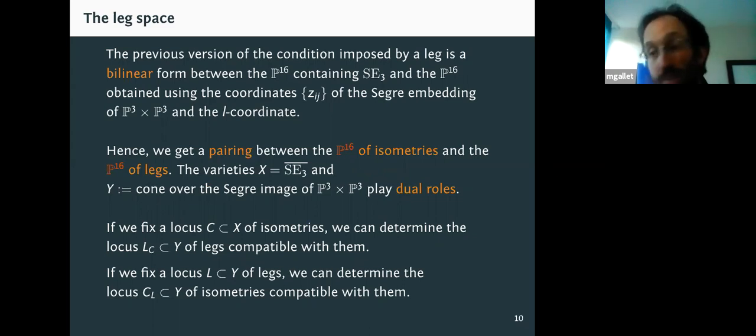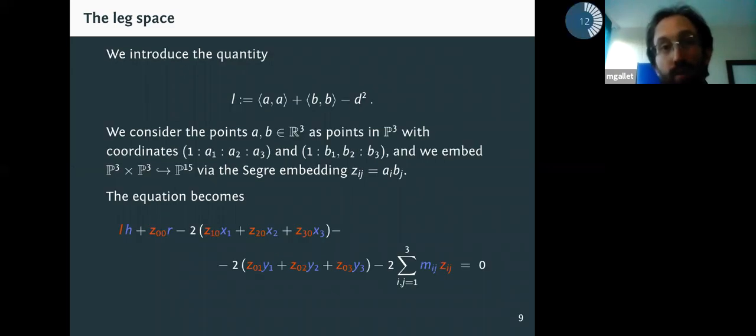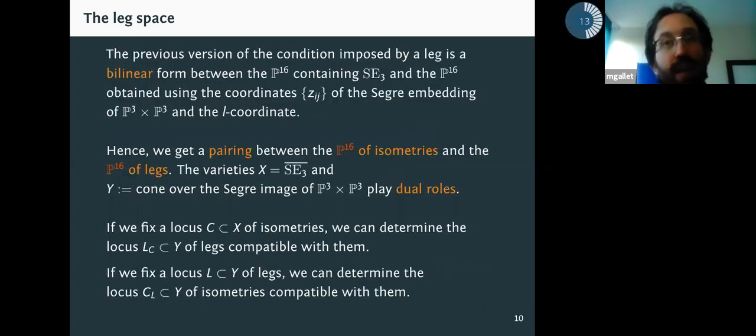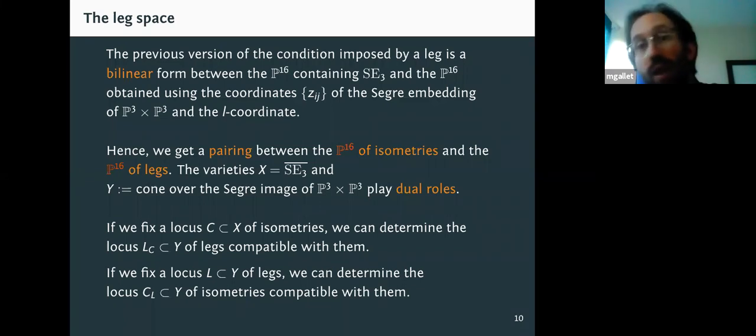And this duality, which algebraically is a trivial duality, because if you look at it, this is just a diagonal matrix, okay, which has ones and minus twos on the diagonal. But by interpreting it as a duality between these two spaces, we get something very nice, namely that if we fix a locus of isometries, and we take its span and the dual under the bilinear equation that I described, and I intersect this dual with the space of possible legs, what I obtain is the locus of legs that are compatible with my given locus of isometries.